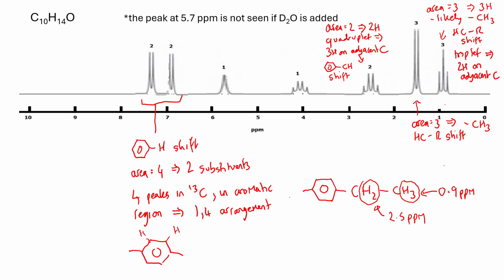And it's interesting though that this time it's a doublet. So it's attached to a carbon with only one hydrogen on board. Okay, so it's a doublet, which means that there's just one hydrogen on the adjacent carbon.